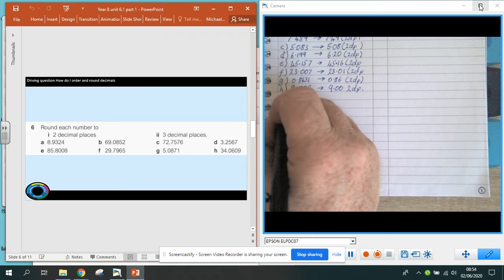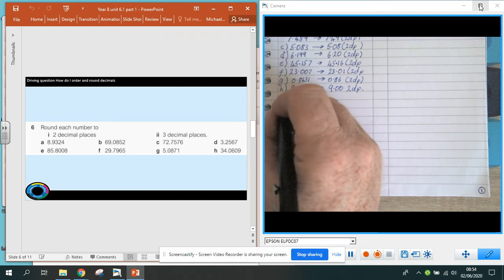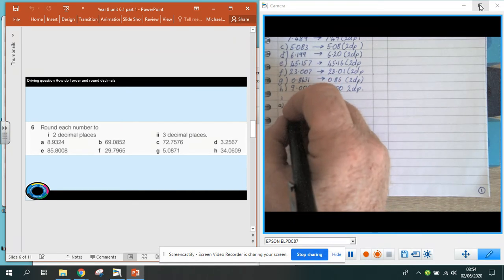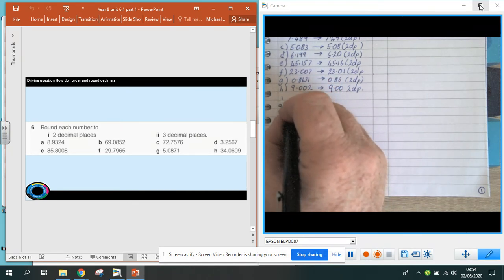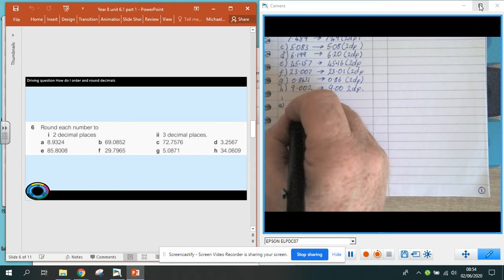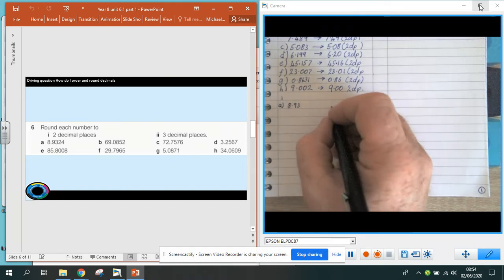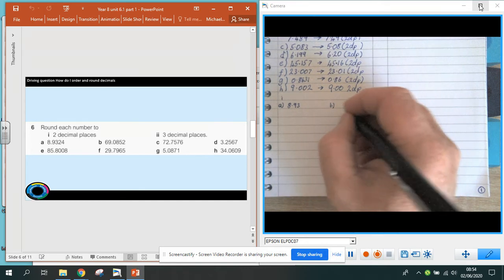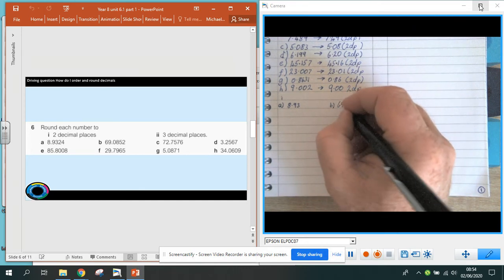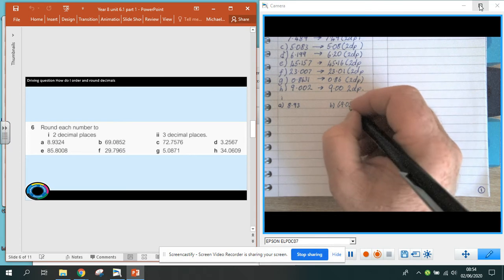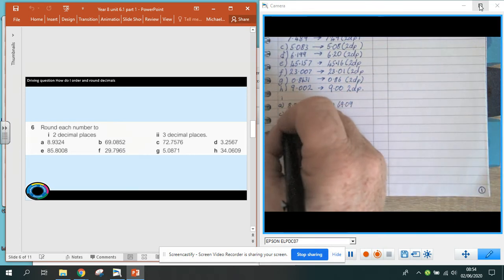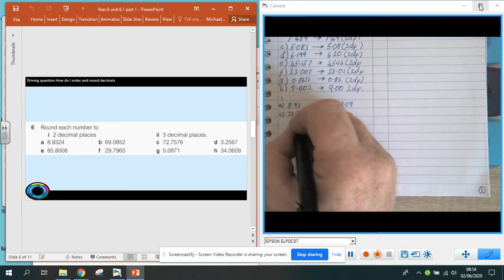This is set 1, to 2 decimal places. A is 8.93. B is 69.09. C is 72.76.